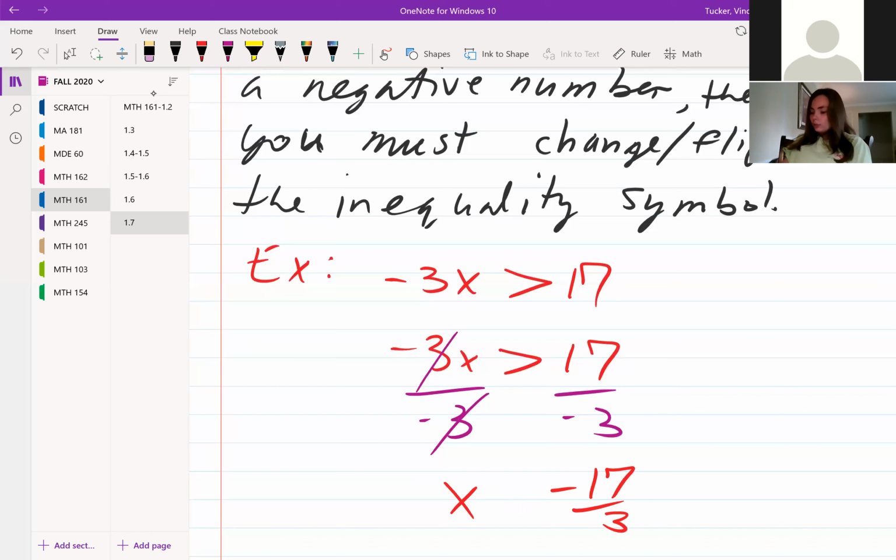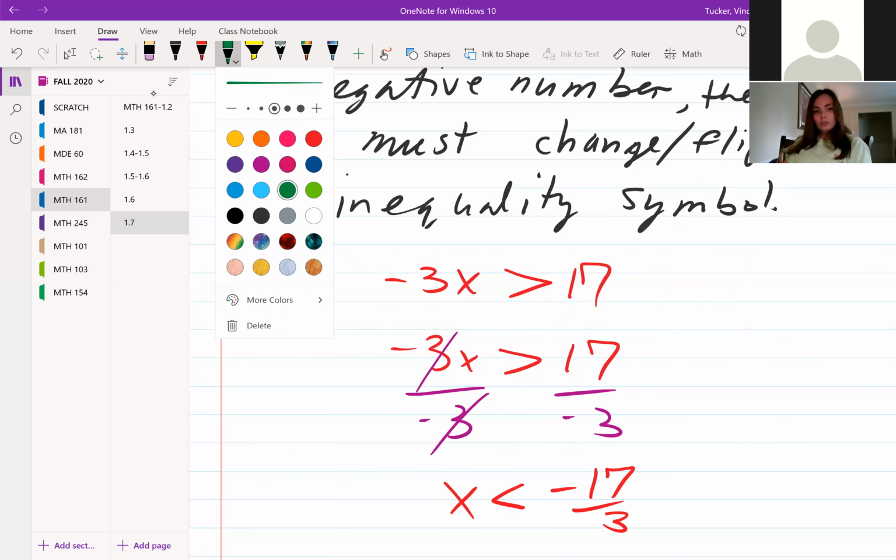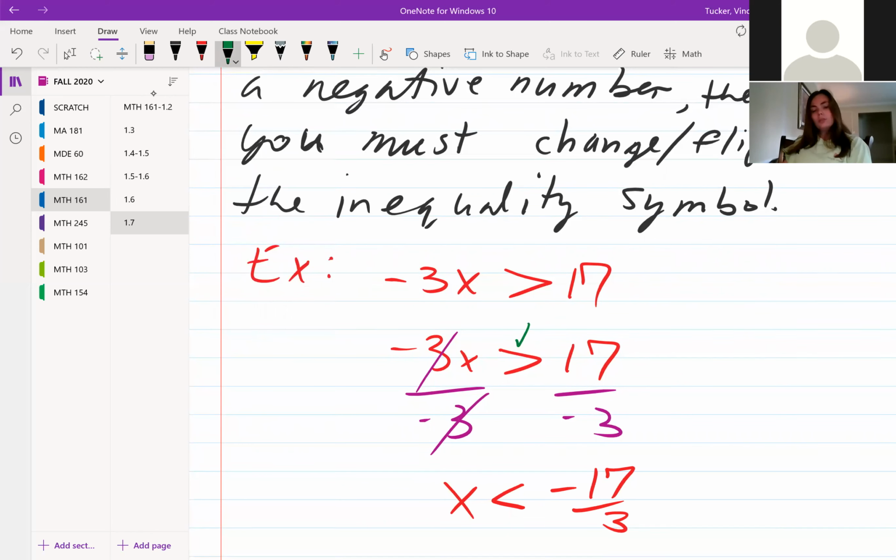Now it needs to be greater than, less than. So because of dividing by a negative, it goes from greater than to less than. So that's what we mean by changing your inequality. When you divide or multiply by a negative value, you have to flip or change your inequality symbol.